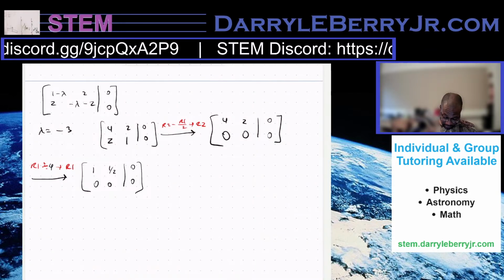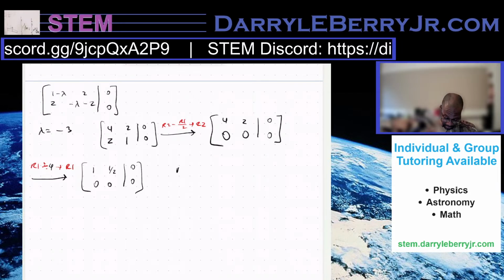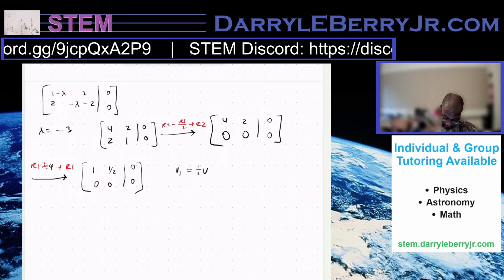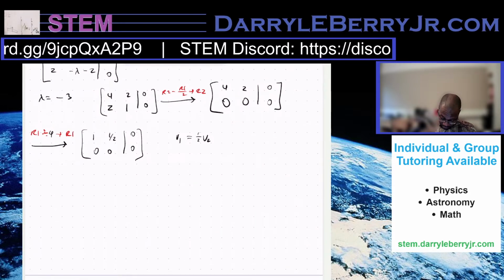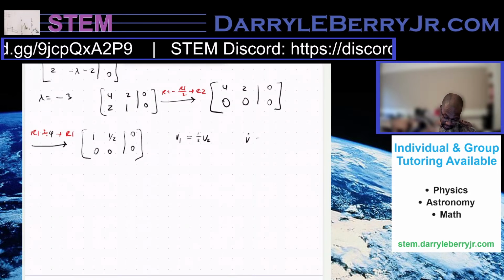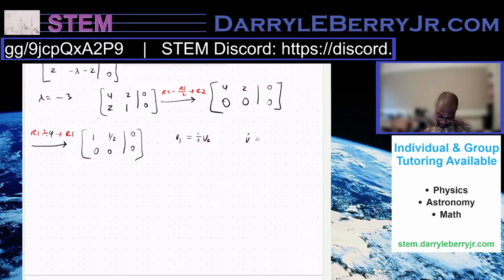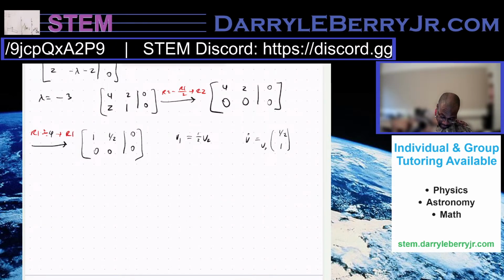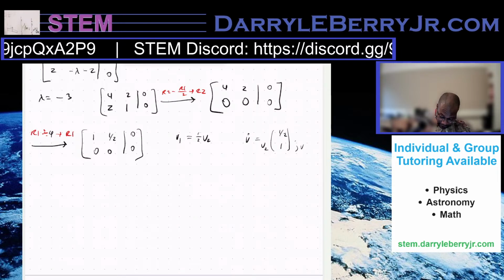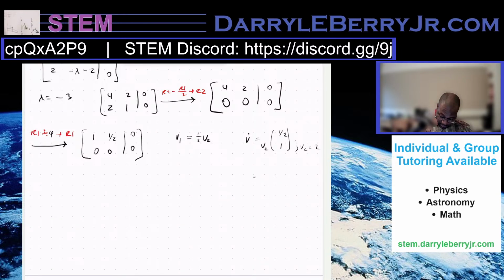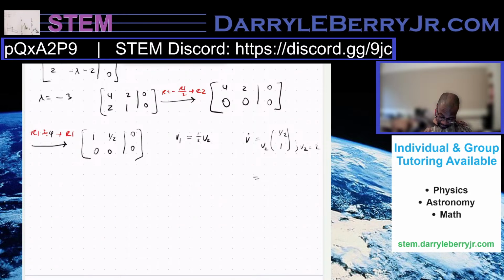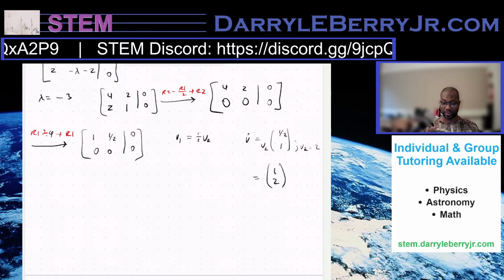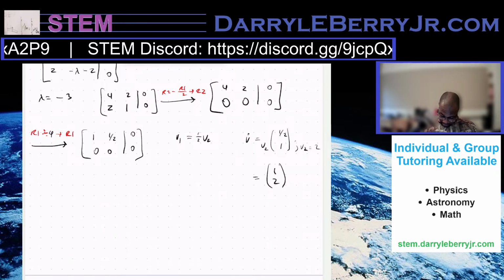So V1 equals negative 1 half V2. So V equals 1 half, 1 times V2. So V2 equals 2. So V equals 1, 2. That's one eigenvector.